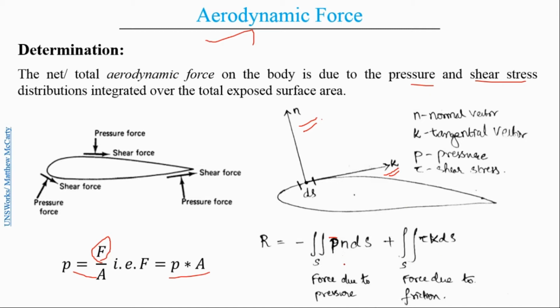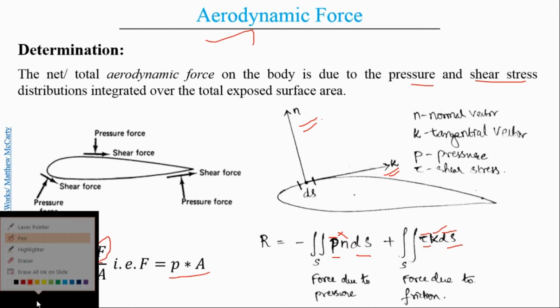Here, for the pressure force term, the pressure P times area, and additionally we are multiplying it with the normal force. Similarly, for the shear force, we are taking the shear force times area and the tangential force.